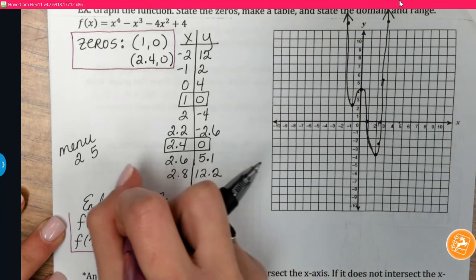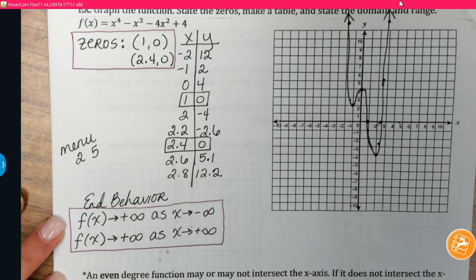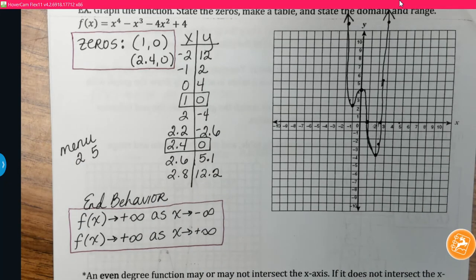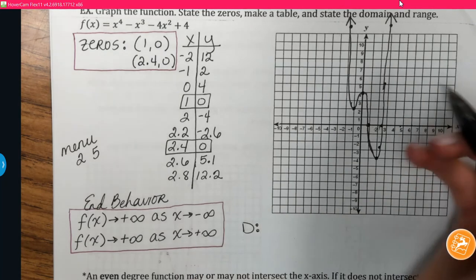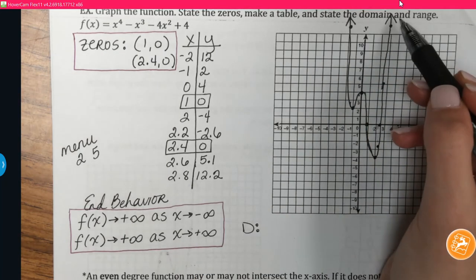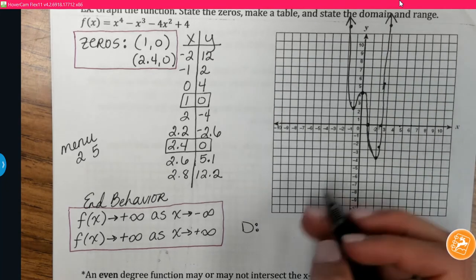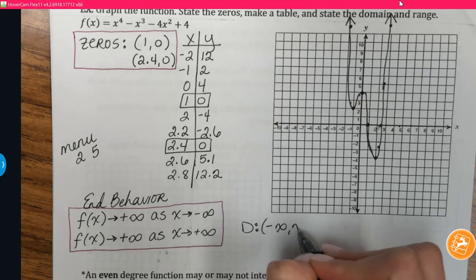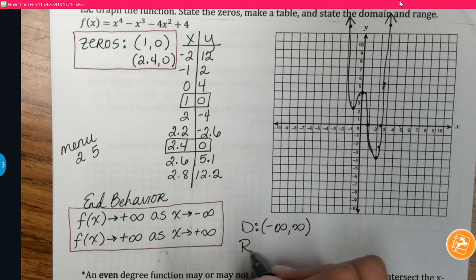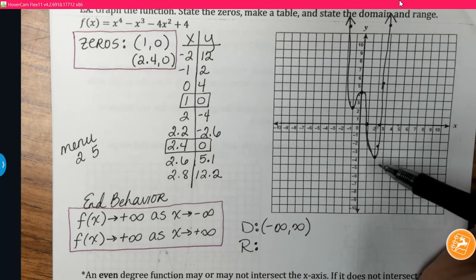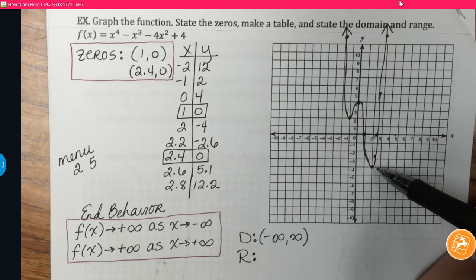Now, I told you with an odd degree function, your domain and range are typically negative infinity to positive infinity for both. Here, my domain, it's going from left to right, you're going from negative infinity to positive infinity. So pretty much your domain's going to be the same every time. Your range is going to change if you have an even function like this.